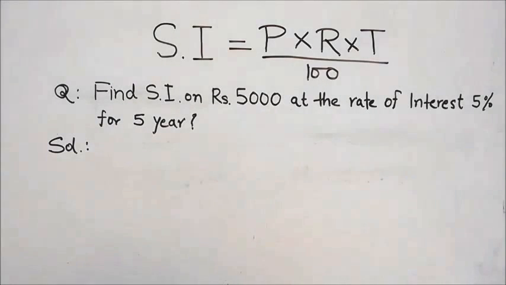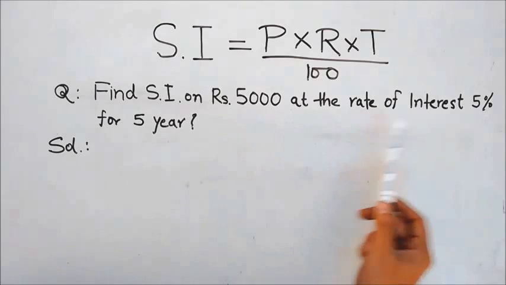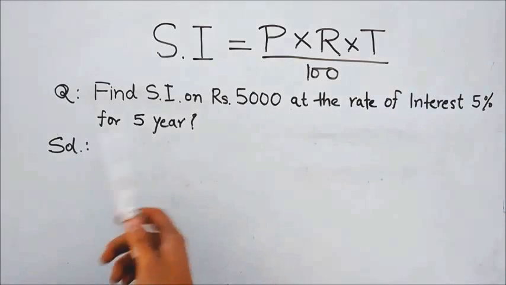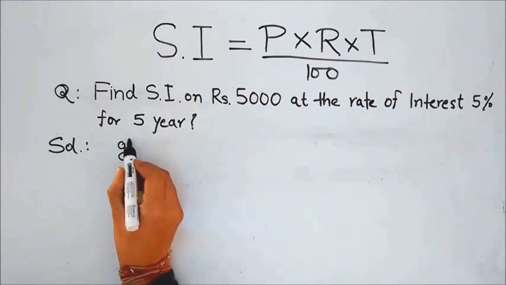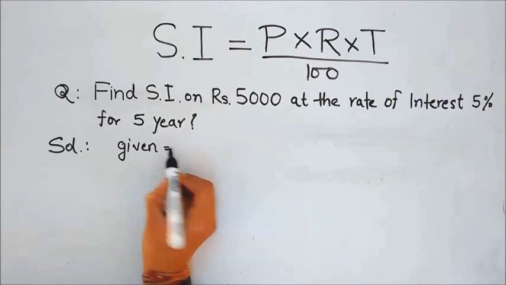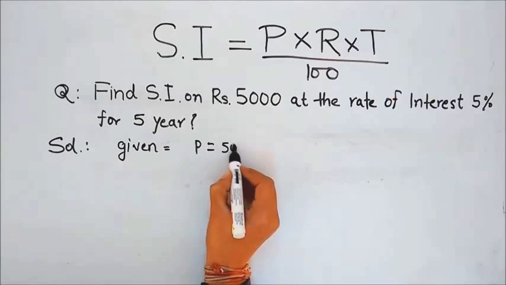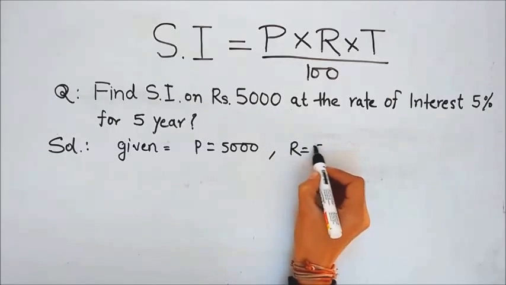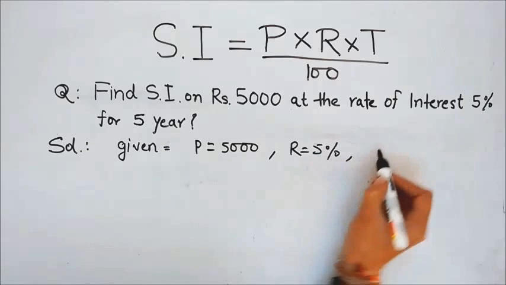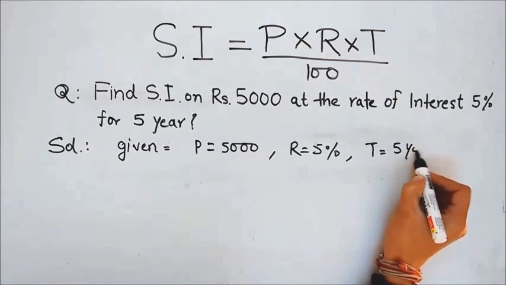We have the first question, that is find the simple interest on rupees 5,000 at the rate of interest 5% per annum for 5 years. In this question we have given principal, that value is 5,000, rate we have given is 5%, and time that is given as 5 years.